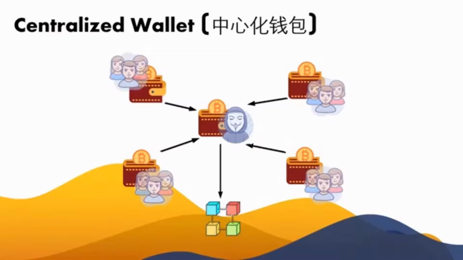You can look at centralized in this way, where all the wallets are stored in one single centralized server, and this server controls all the assets from the various wallets and writes into a blockchain. This means the centralized server has to tell each individual wallet how much they have, and that is not from the blockchain, but from a database.